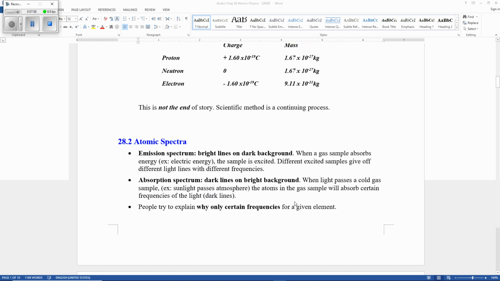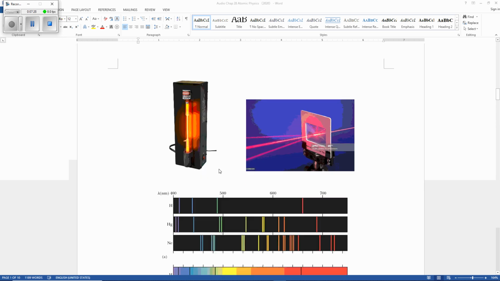The second topic is spectrum. We have the emission spectrum, which is bright lines on a dark background. And we also have the absorption spectrum, which is dark lines on a bright background. Let's study the first one. Here is the setup for the spectrum.